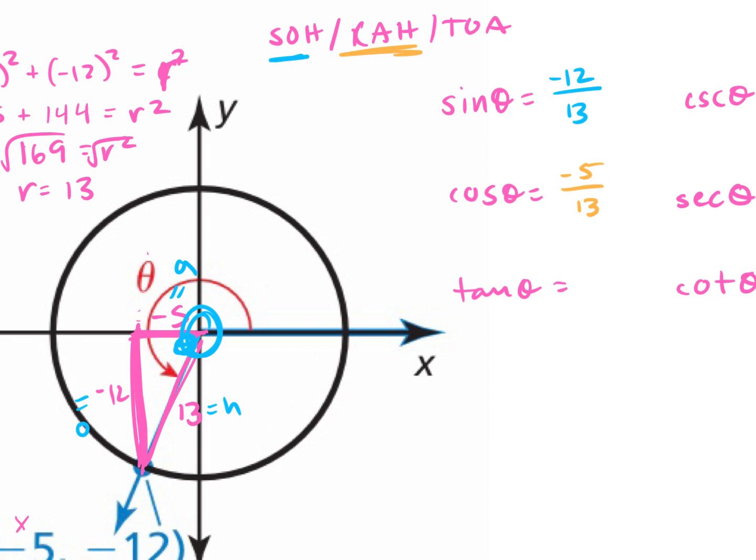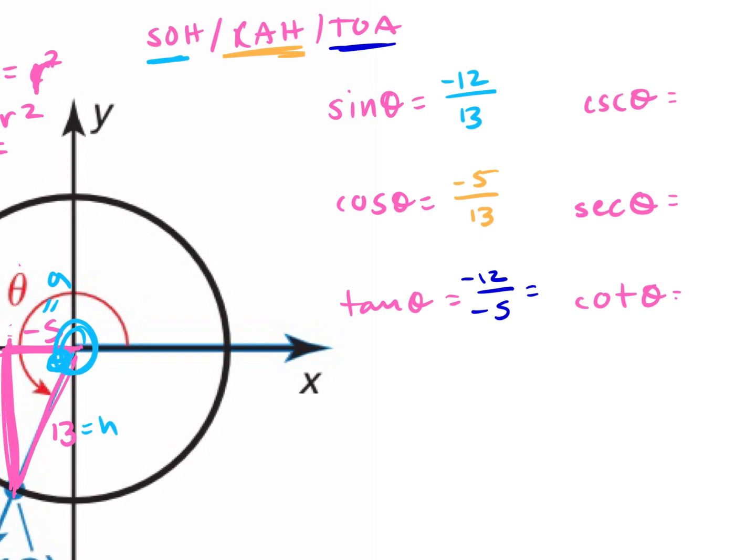All right, and then for tangent. Tangent is opposite over adjacent. So what's our opposite? Negative 12. And what's our adjacent? Negative 5. Can I simplify this? Are you sure? What's a negative divided by a negative? Positive. So this would be positive 12 over 5.